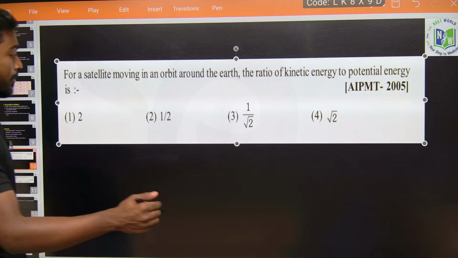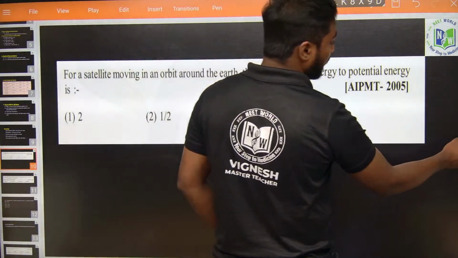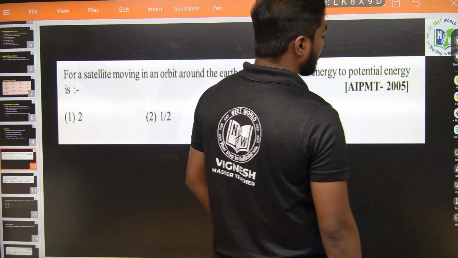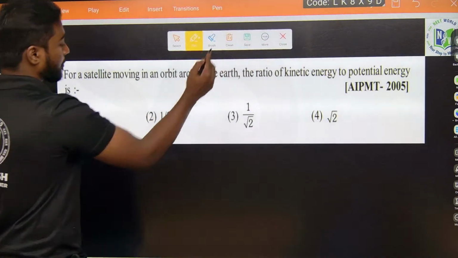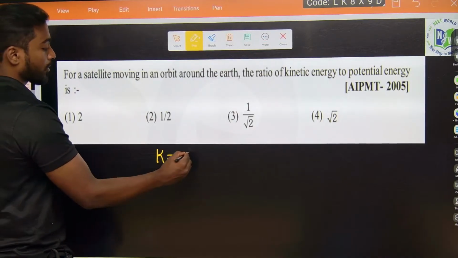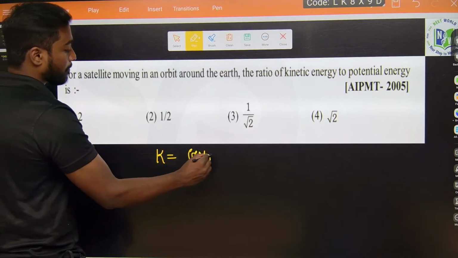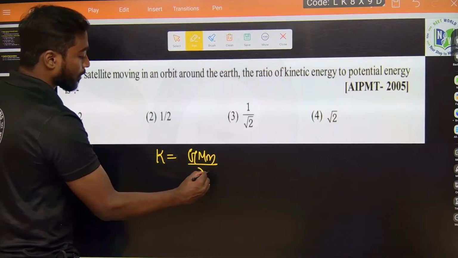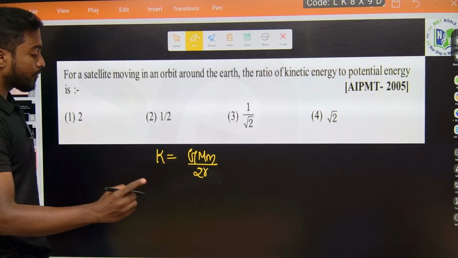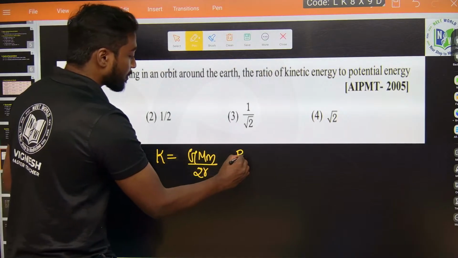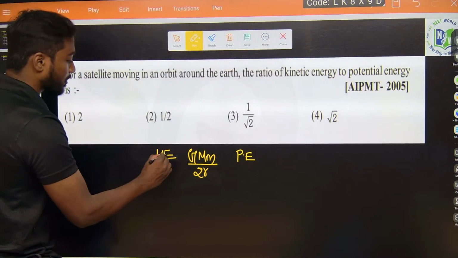what is the formula for kinetic energy, guys? Yes, K is equals to GMm by 2R. Okay, 2R. What is the formula for potential energy? This is kinetic energy, right?